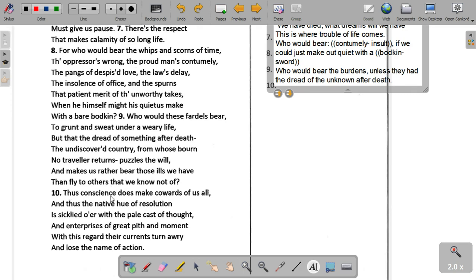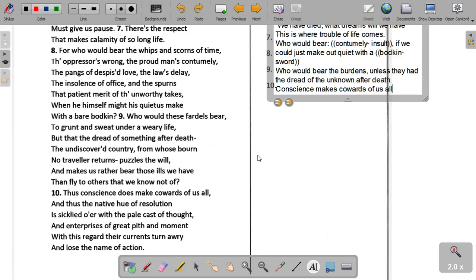Then he says, thus conscience does make cowards of us all. So what does he mean by conscience here? He's saying conscience makes cowards of us all. You're probably familiar with conscience when you feel something prick your conscience.